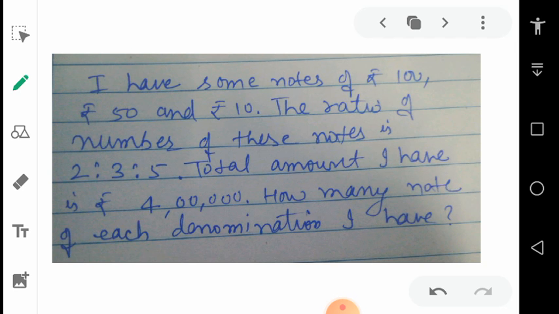It means we don't know how many notes of rupees 50 or 10 I have, but I know the ratio of the notes, and the total amount I have is rupees 4 lakh. How many notes of each denomination do I have? If you understood what is given and what is asked, then you can take further steps.